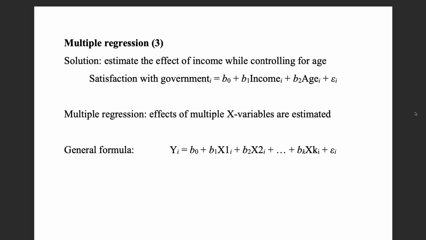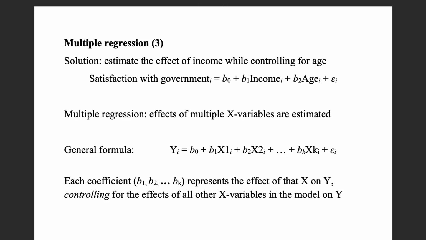And we could add in a third variable or a fourth variable or a fifth variable, and so on and so forth. So we can just keep adding variables to that model, and for each new variable that we add to the model, we get a new coefficient. So k here stands for the total number of x variables that you want to include in your model. That could be, in theory, any number, 10, 50, 100. So we get coefficients for each independent variable in our multiple regression model. So that's the general formula.